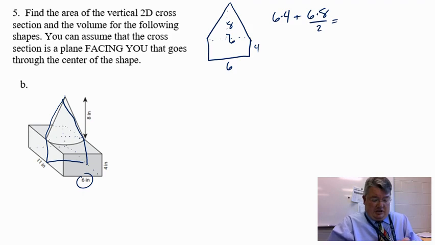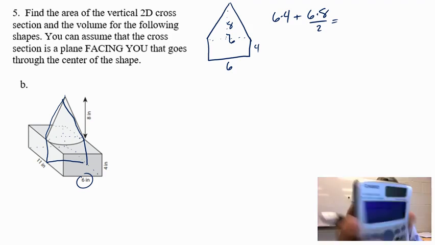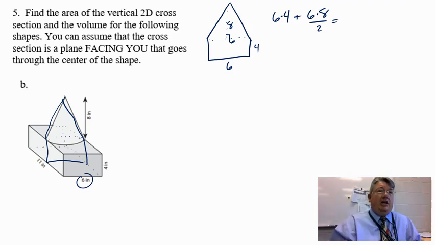So if I type that in, 6 times 4 plus 6 times 8 divided by 2. See, I type it in just like it looks, and I get 48. So this is 48 square inches.